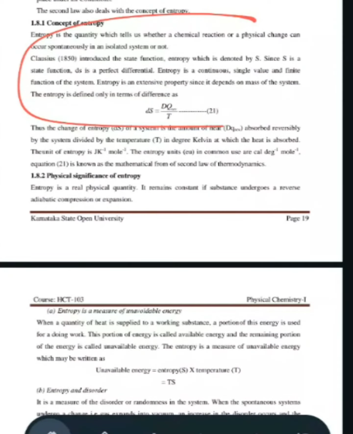Entropy is the quantity which tells us whether a chemical reaction or physical change can occur spontaneously in an isolated system or not. Entropy is the measure of the amount of disorder in the system, and whether the reaction is taking place spontaneously or not can be studied using entropy.